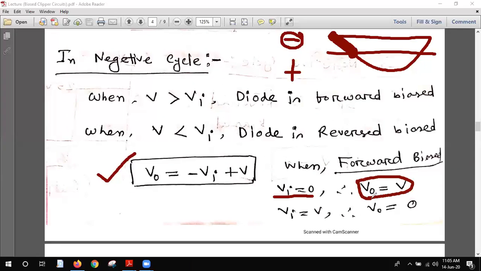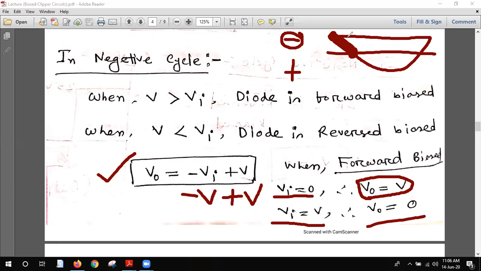So in the negative cycle, the starting point will be V. And when VI is V, the output is V minus V plus V, which is 0.